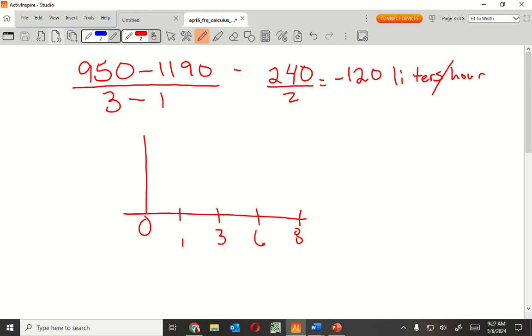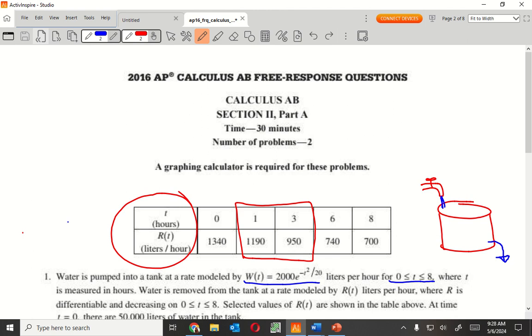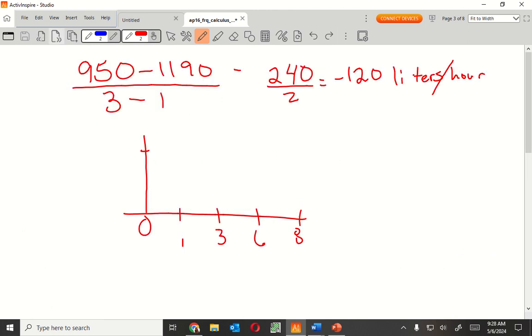Riemann sum left hand means that I am going to take the point for the left side all the time. So right here at 0, what is my value going to be at 0? Right here, 1340, right? Okay, good.